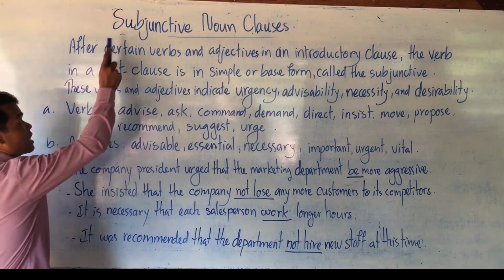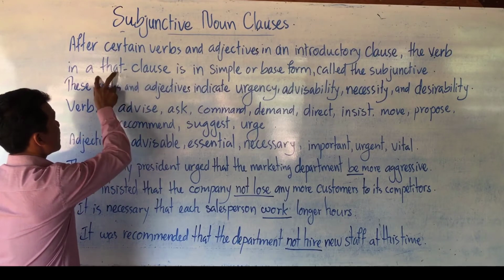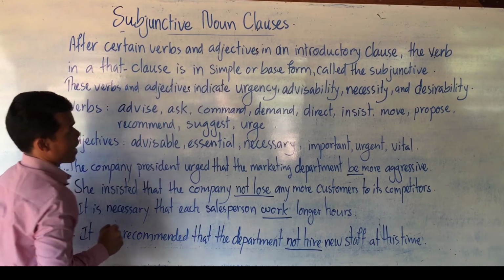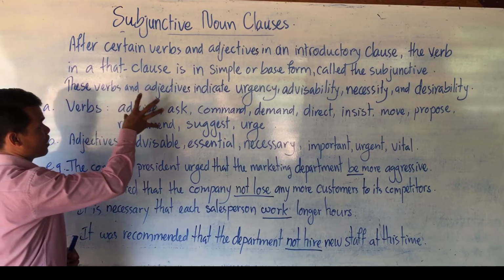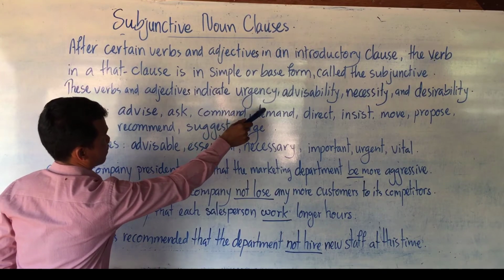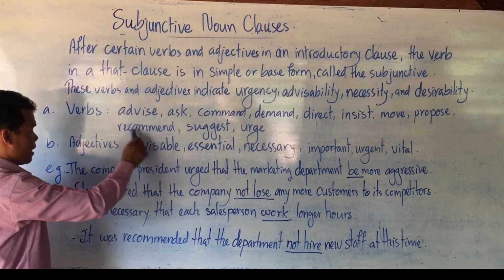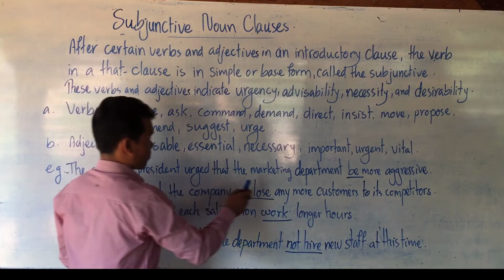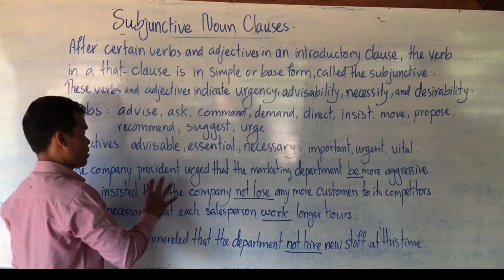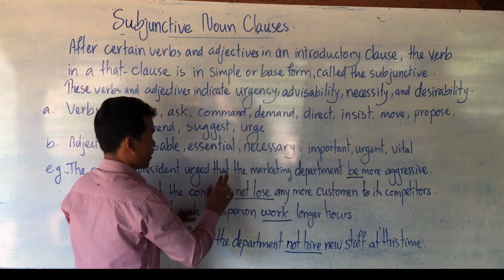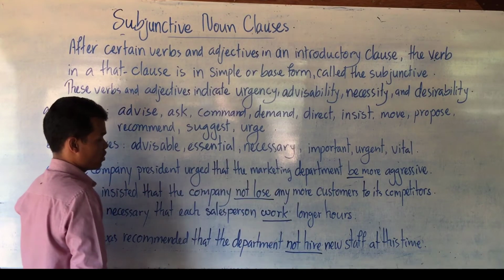Again, in a subjunctive noun clause, we focus on the verb in that clause being in simple or base form, like this example. And the verb and adjective indicate urgency, advisability, necessity, and desirability. For example here, it does not mean that you use is here. You use base form in our subjunctive noun clause. Like this, from that to aggressive, that the marketing department be more aggressive is a subjunctive noun clause.